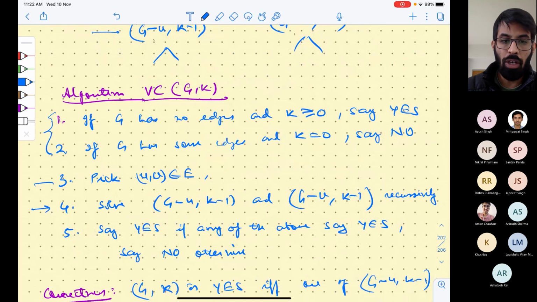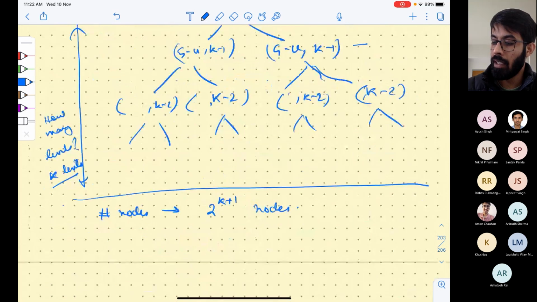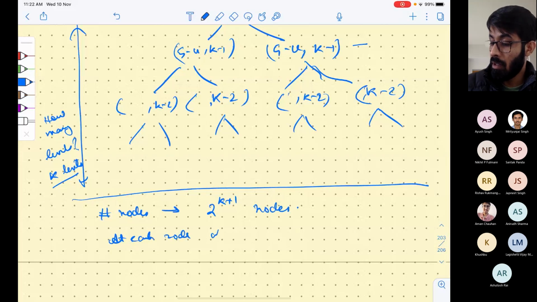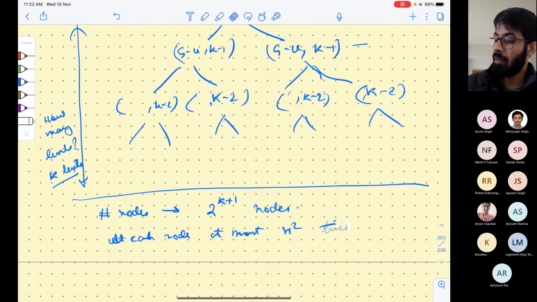We are not doing anything more and we are calling the things recursively. So actually, at each node, at most n square time, let's say. So total time is order of 2 to the k n square, as we wanted.